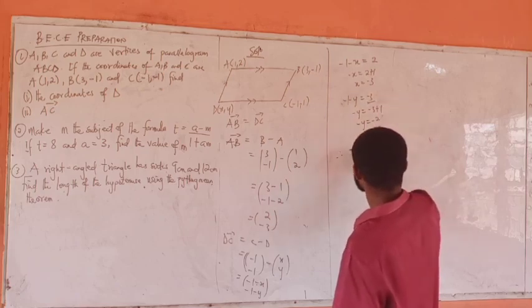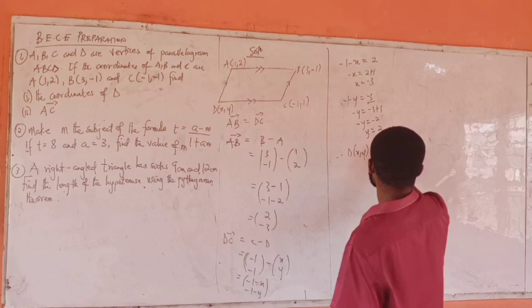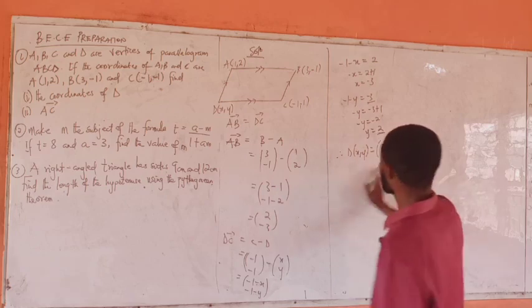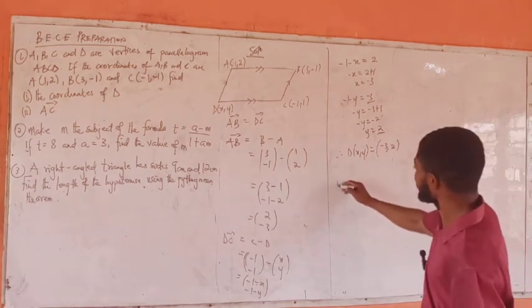Therefore the coordinates of D, which is (x, y), is (-3, 2). So coordinate D has been gotten.